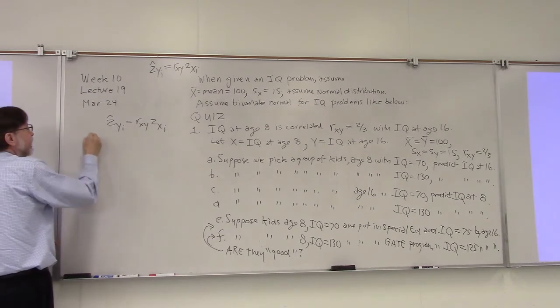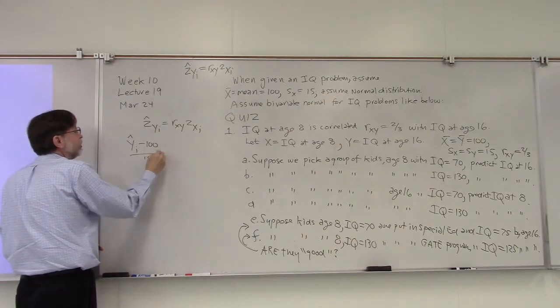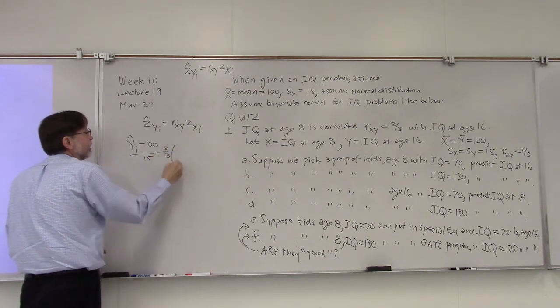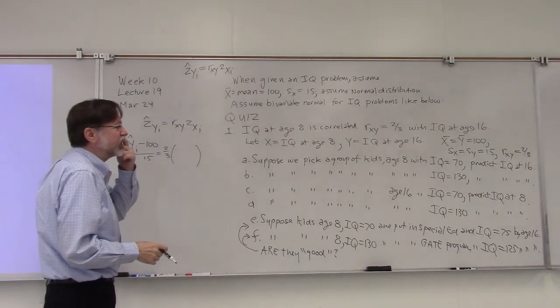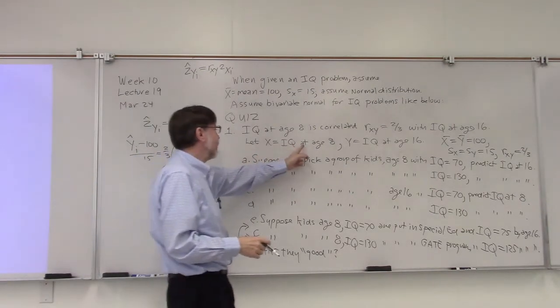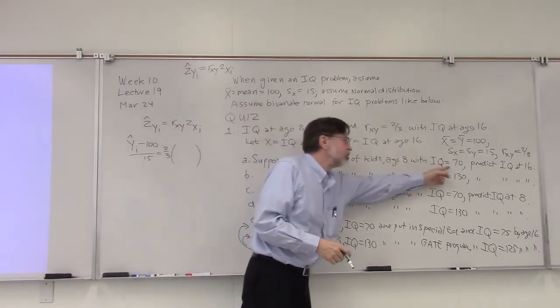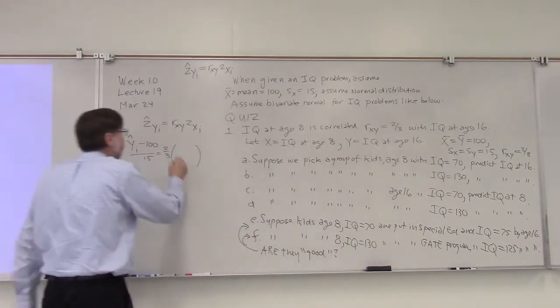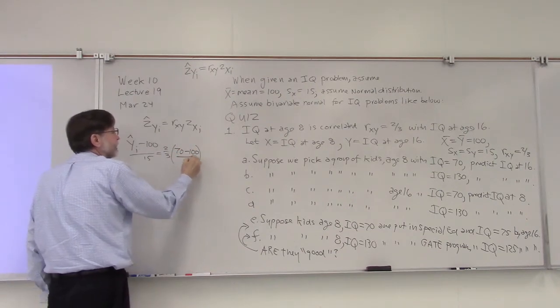We have (y hat i minus 100) divided by 15 equals 2/3 times the z-score for x. And the z-score for x, if the kids at age 8 have IQs of 70, will be (70 minus 100) divided by 15.